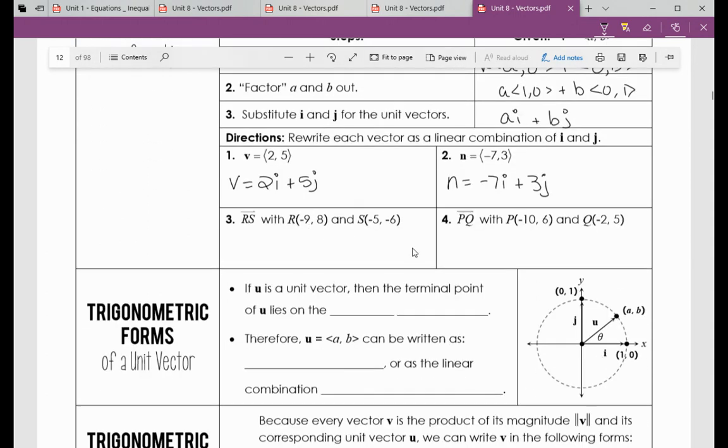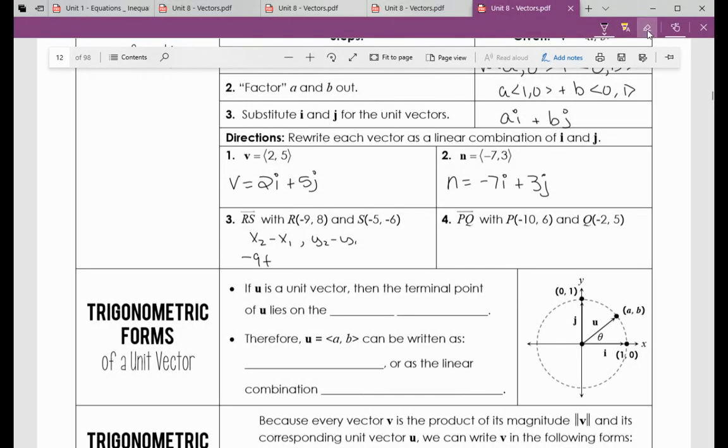Now, in number 3, we have to create the component vector first before we can write the linear combination. So if you recall from the last one, we're going to do our x2 minus x1 and y2 minus y1.